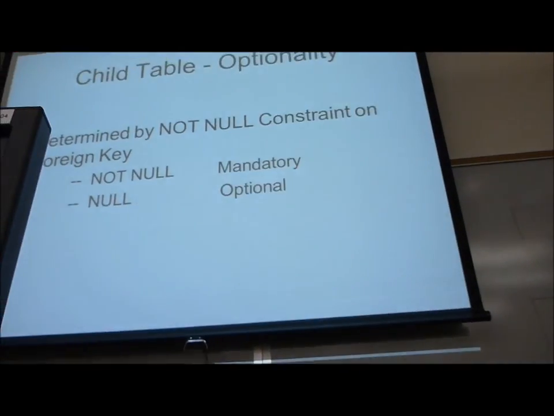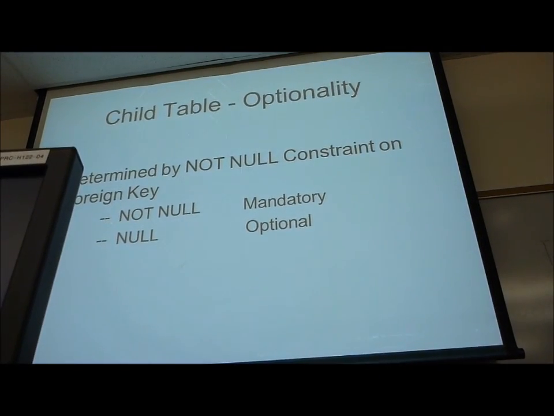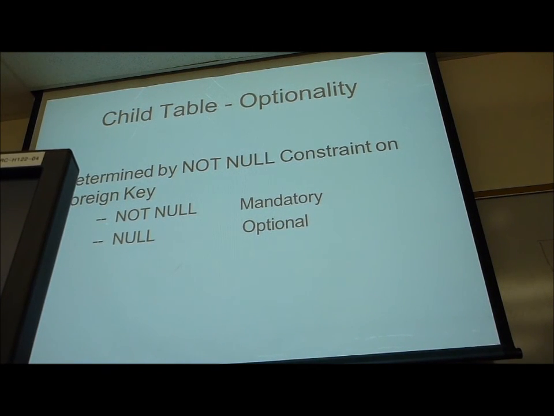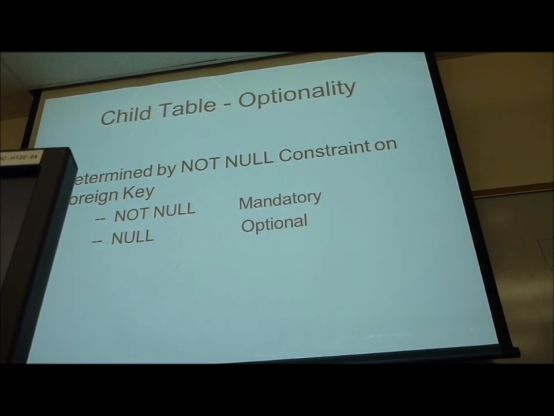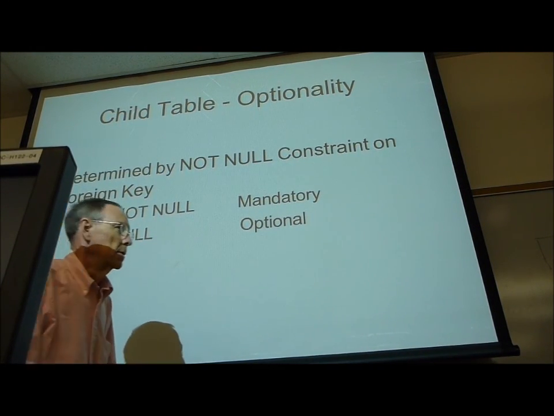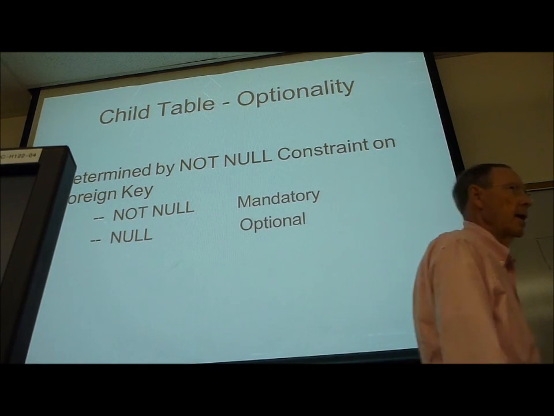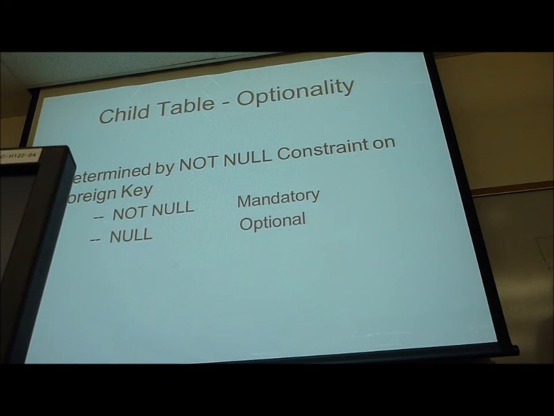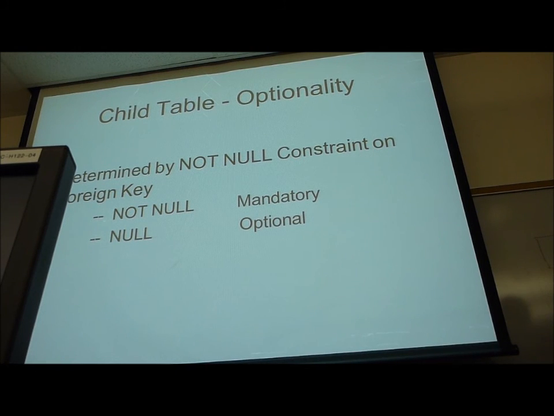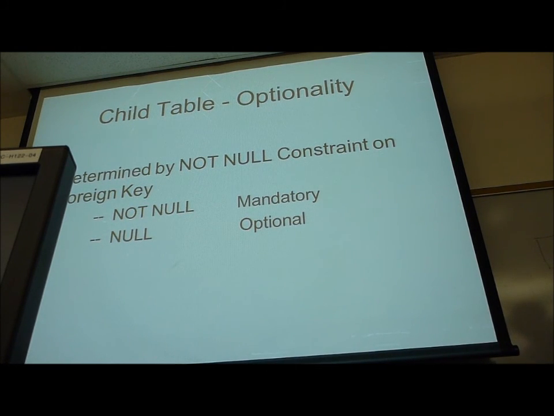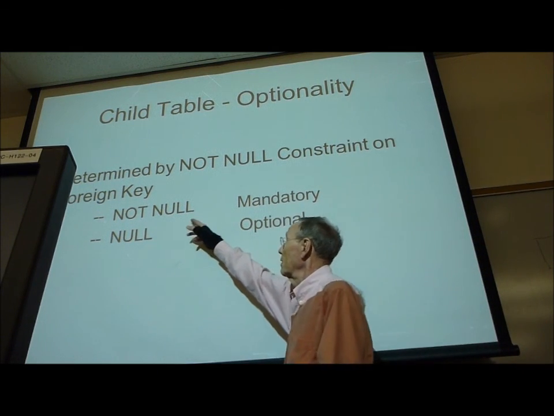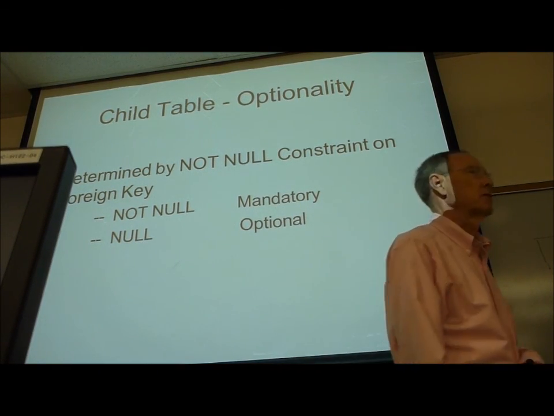Optionality. So how do we make this mandatory? And that means when we make it mandatory, we're going to create a dependency relationship. To make it mandatory, we're going to say that foreign key field has to be not null.